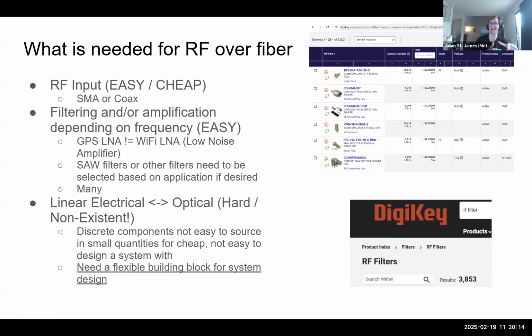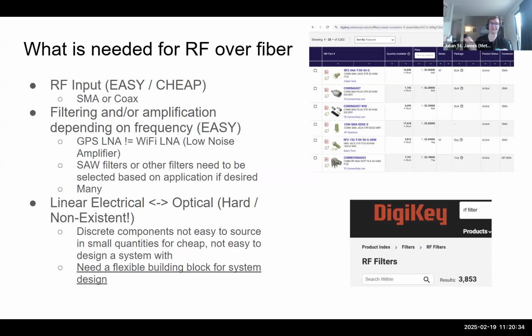So the components you need to take a raw signal in, filter it and amplify it in the range you want to design for are also not really that difficult to build.